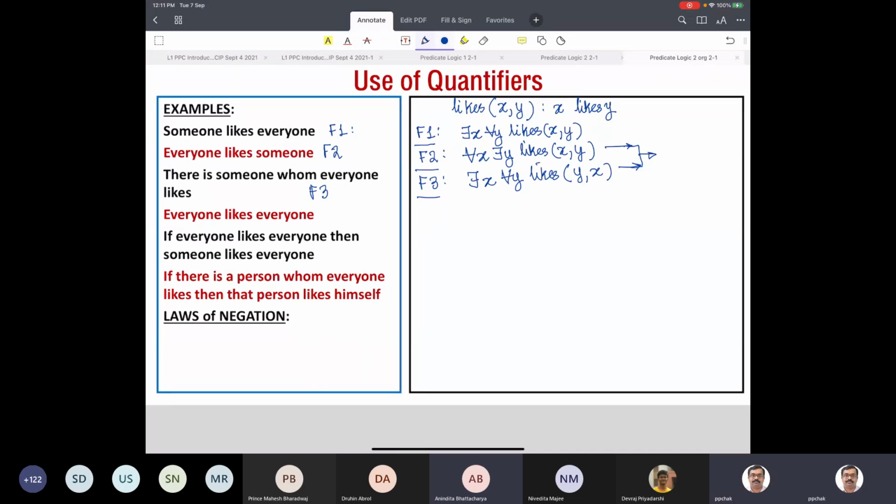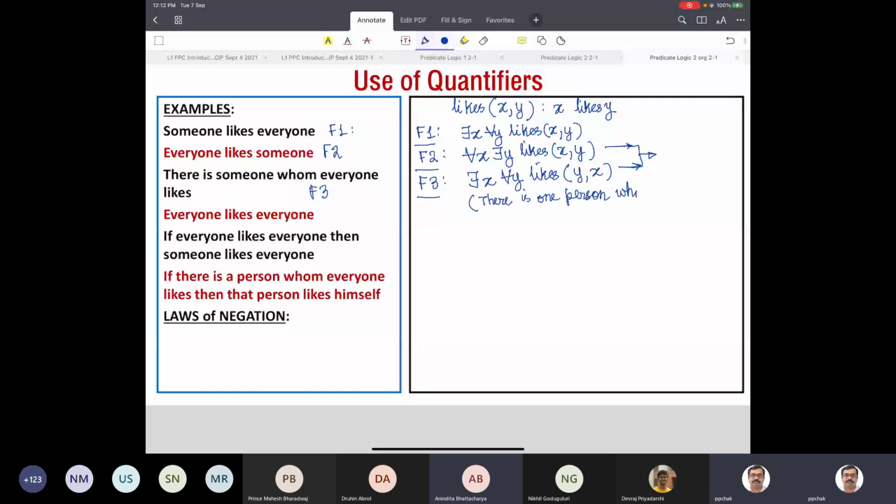Everybody thinks that both are the same. Sir, but the order in the third statement is written for all, everyone will be liking only one person. In the second statement, everyone is liking any one of them. It says there is one person, whom everyone likes.